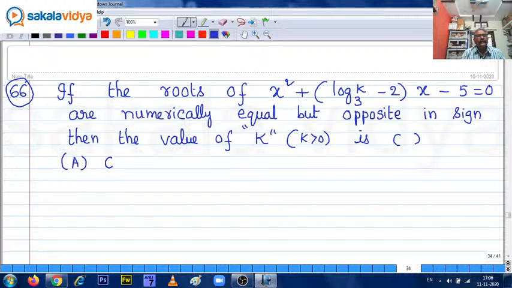Option A 6, option B 9, option C 1, option D 3.